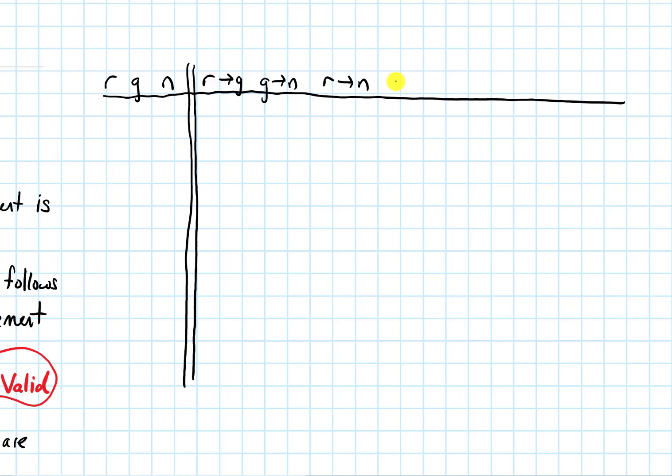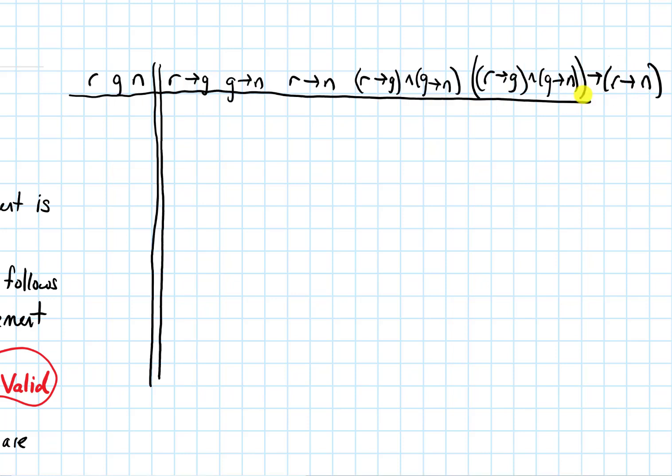Then I also have R implies G and G implies N. And then finally, we have R implies G and G implies N, and if that whole thing implies R implies N. I need to give myself more room here. Alrighty, so I'm just shifting over my truth table a little bit so I can fit in that R implies N. Okay, so now let's draw in some vertical lines to separate these columns.